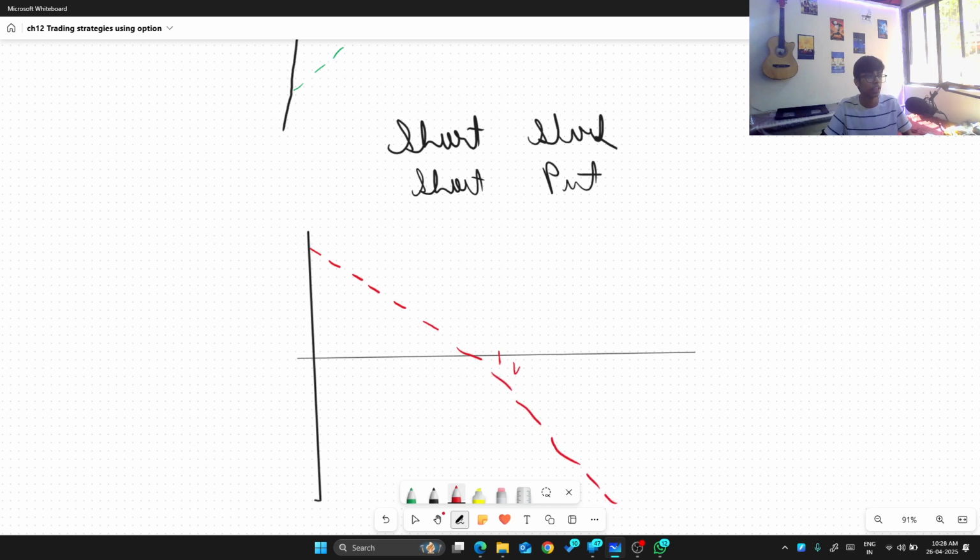Here is our K, and we also short the put, so we will get premium, and if the prices go down, we will lose money, right?